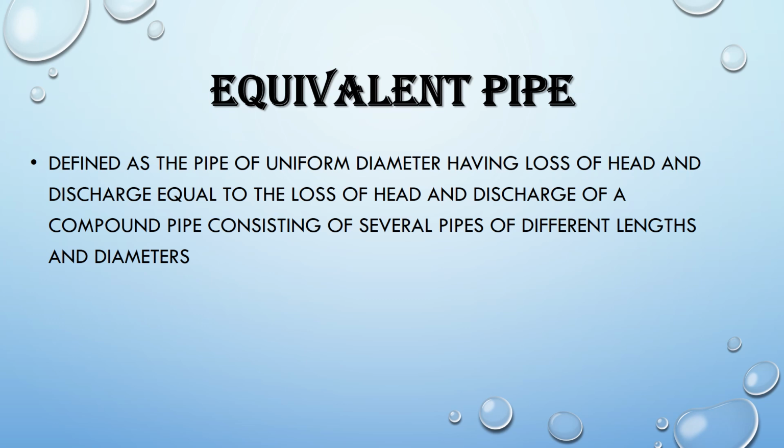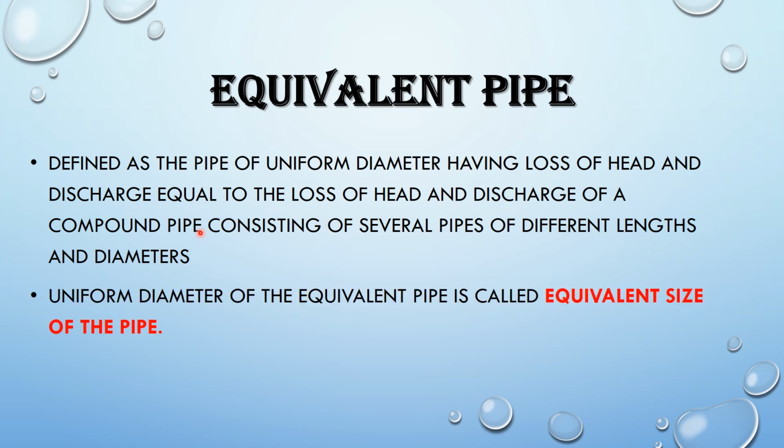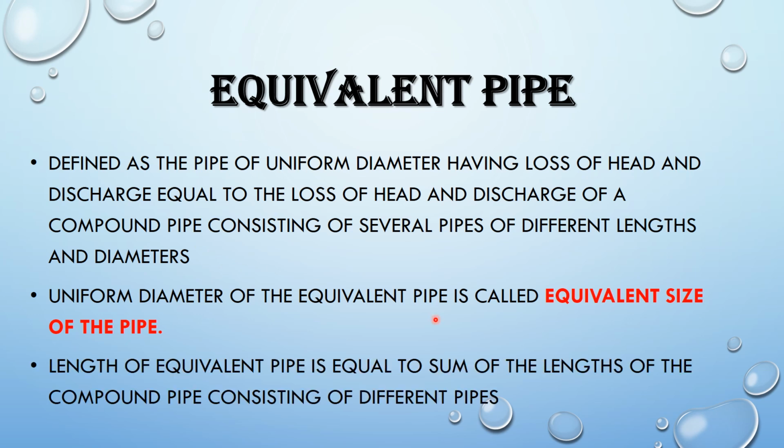So equivalent pipe means if we can replace these two or more different pipelines by a single pipeline, the condition is it should have the same loss of head, and the discharge should also be equal to that of the compound pipe. Hope you have understood it. The uniform diameter of the equivalent pipe is called the equivalent size of the pipe, and the length of the equivalent pipe is equal to the sum of the lengths of the compound pipe consisting of different pipes.